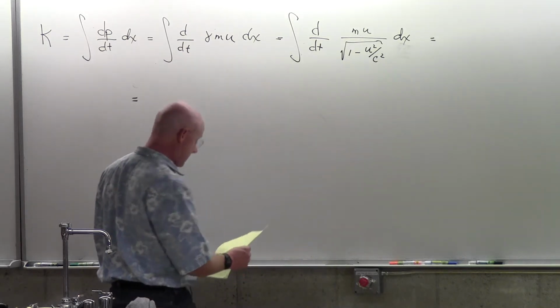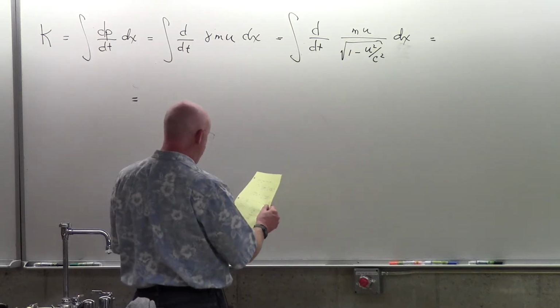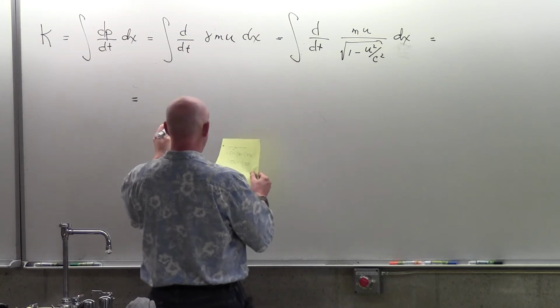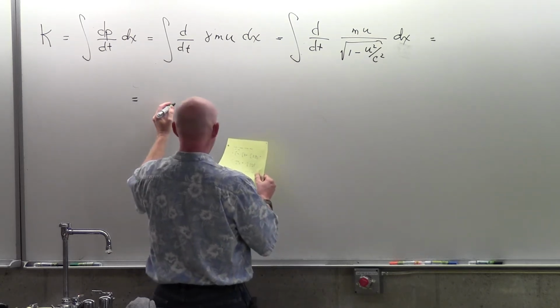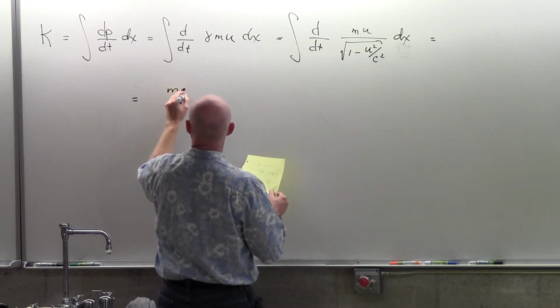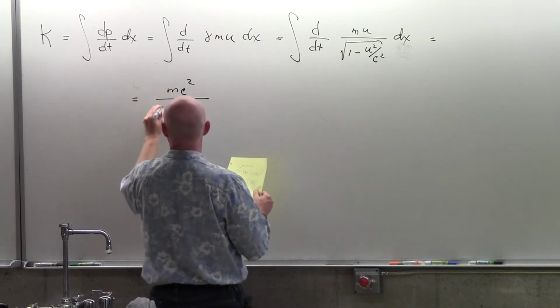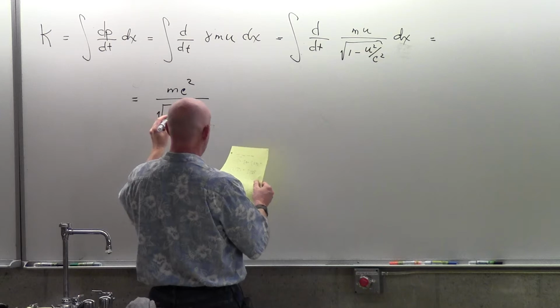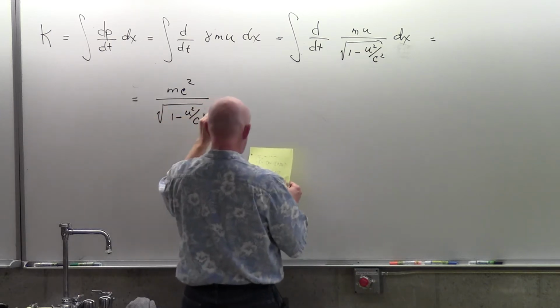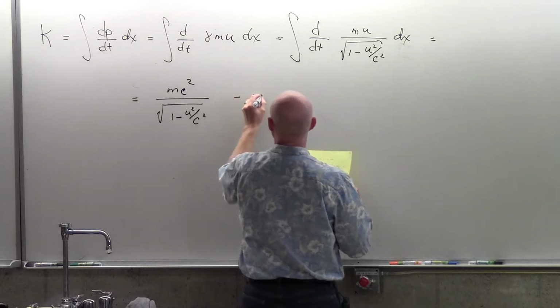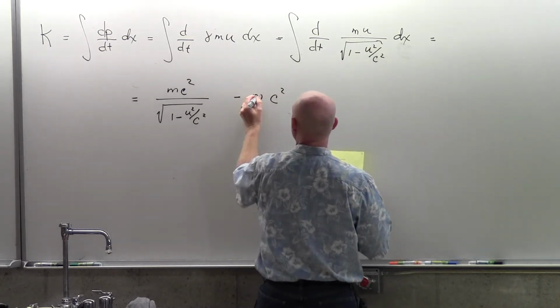And that's what Einstein noticed. And here's what he came up with when he did all that. He came up with this idea that you would get mc squared over the square root of 1 minus u squared over c squared, minus mc squared.